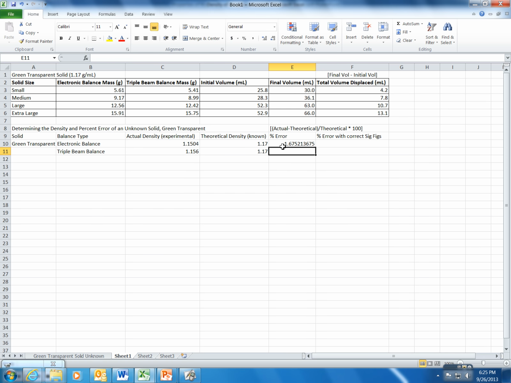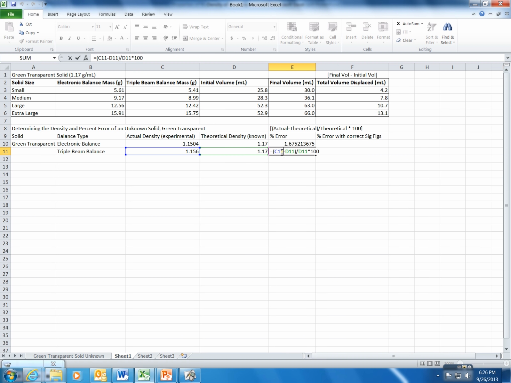Okay, and it gives me a percent error of negative 1.6727521365. Again, I'm going to use my drag function to drag that function down, and it determines my percent error for this as well.